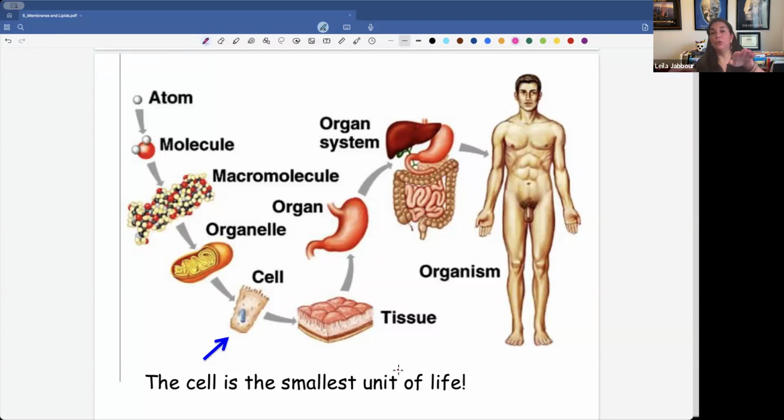Cells can bind next to each other and form tissues, which are groups of cells. Tissues together form organs, and organs are part of organ systems. This is basically the transition all the way to an organism.